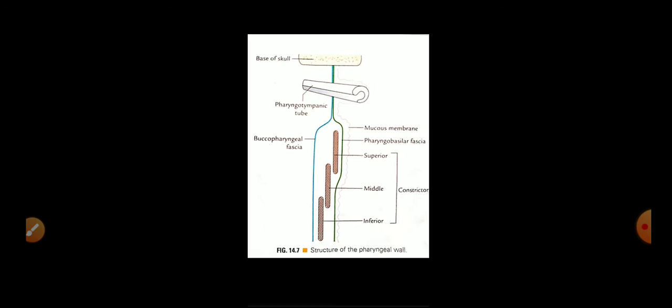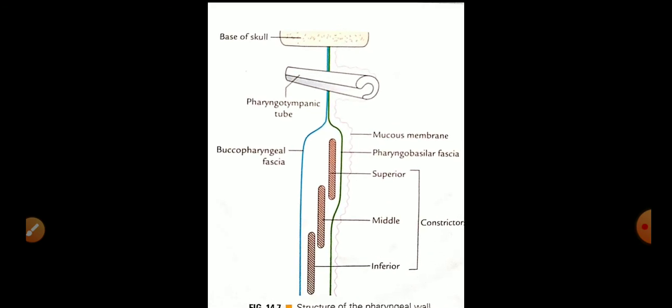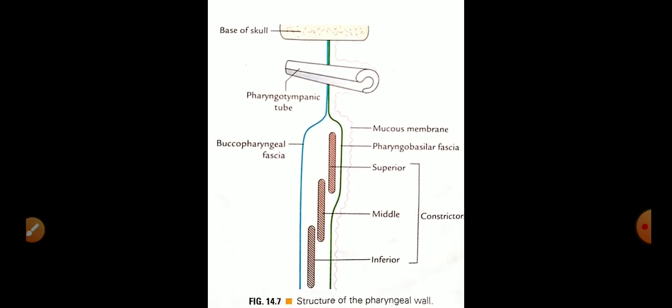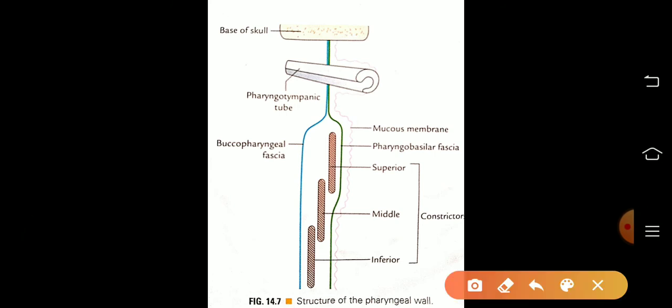The next layer is the pharyngobasilar layer. The pharyngobasilar layer is wider and thicker in the upper part, but when you come below, it is quite thin and becomes indistinct.